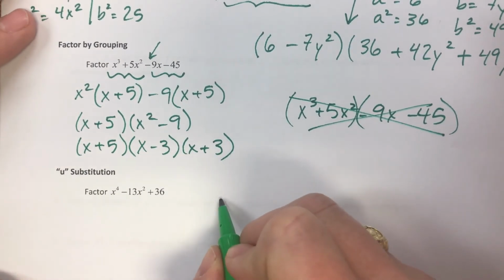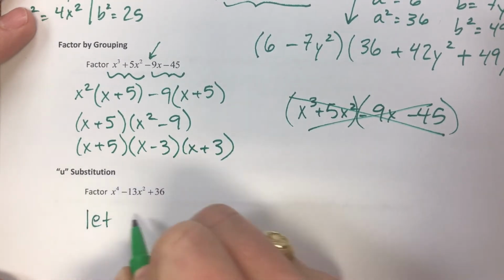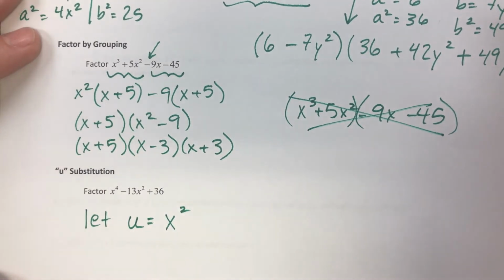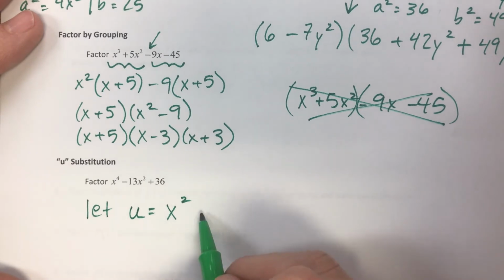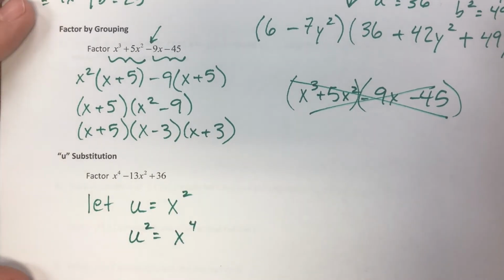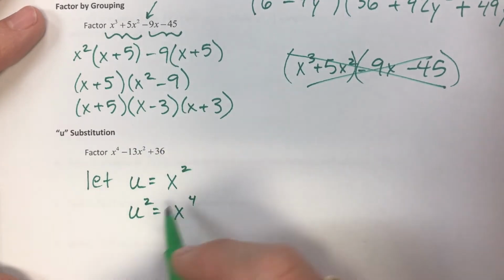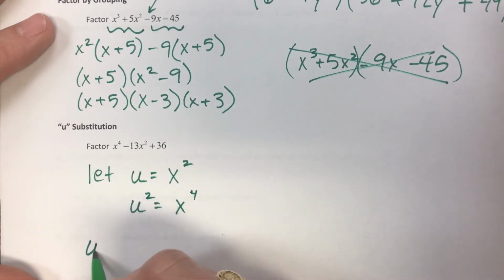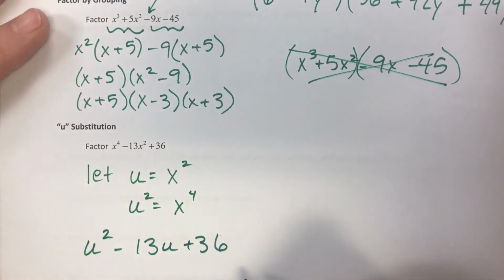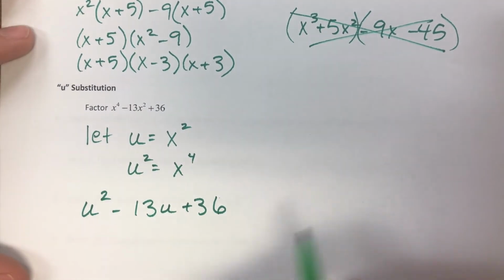Okay, so the next one is a u substitution, and we're going to introduce a new variable. We're going to let u, not me, but u, equal x squared. And so if u is equal to x squared, then u squared would be equal to x to the fourth. So I can rewrite this problem in terms of u, which is u squared minus 13u plus 36. And now this is something that's a lot more familiar to me, a lot easier to factor.